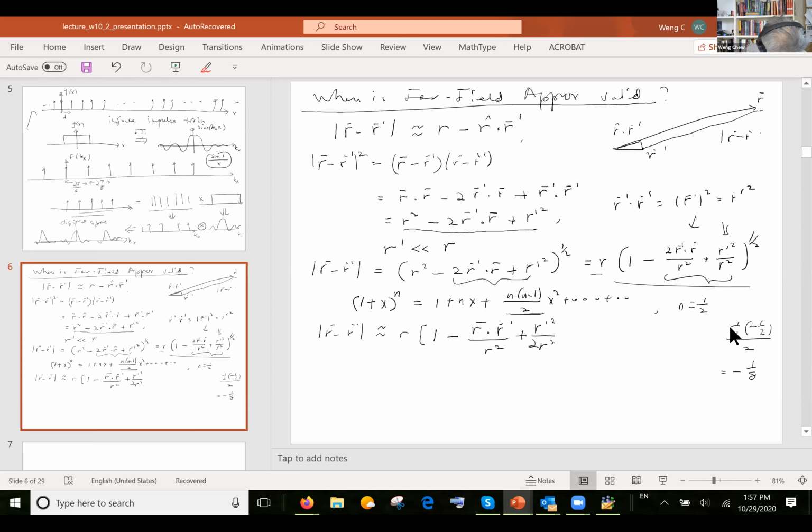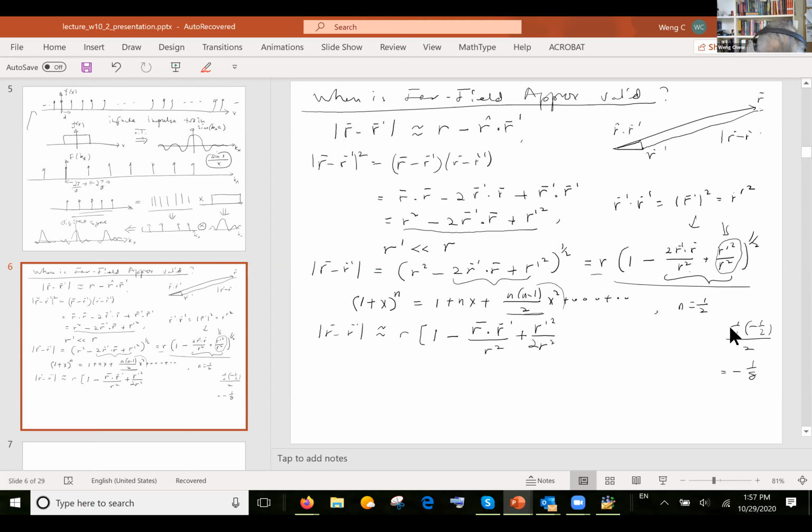But what is important is that if I plug it in, I can ignore this term because this term is smaller, as Ryan said. So when I put in the other term in this series, I'm going to be only keeping this term when I square it.